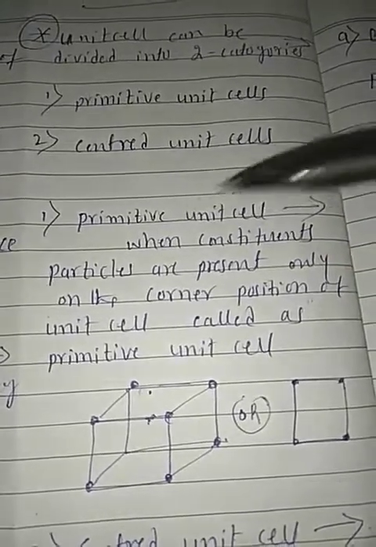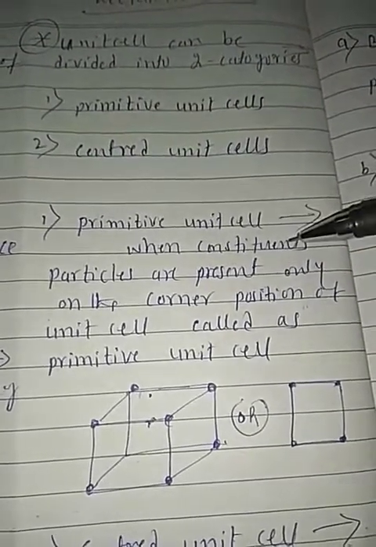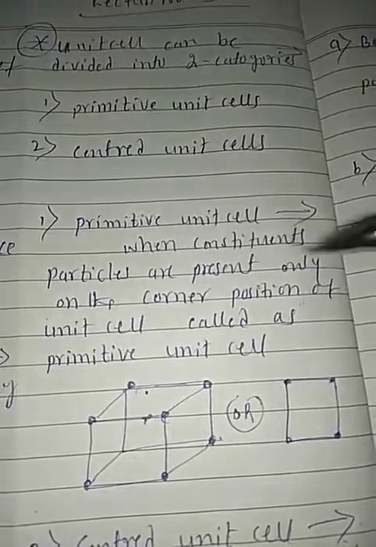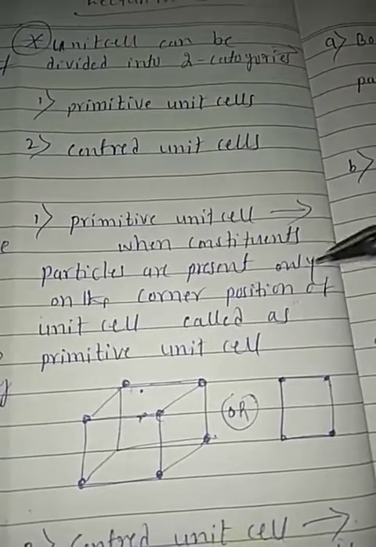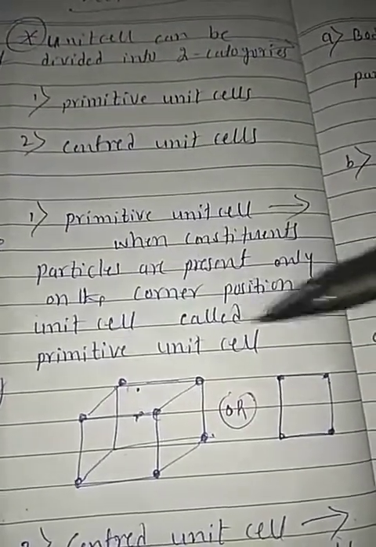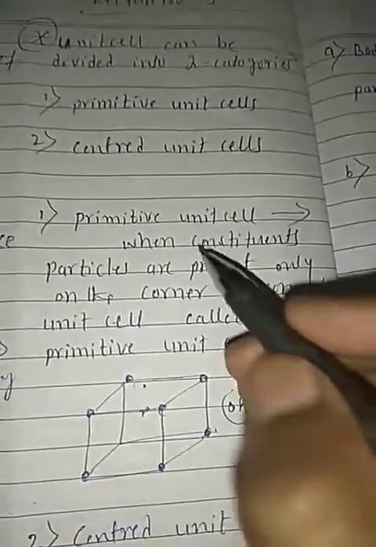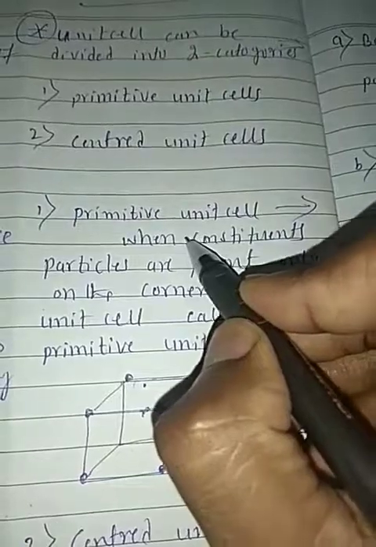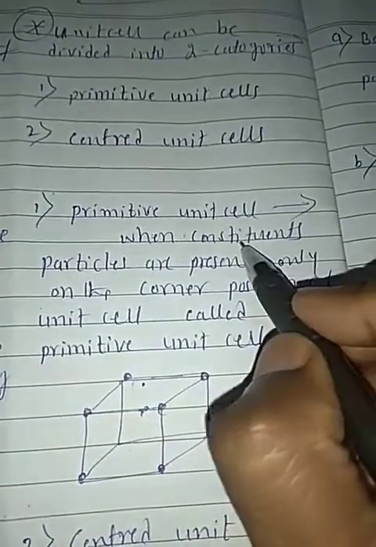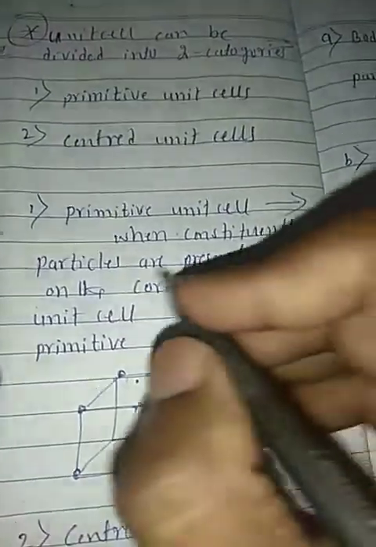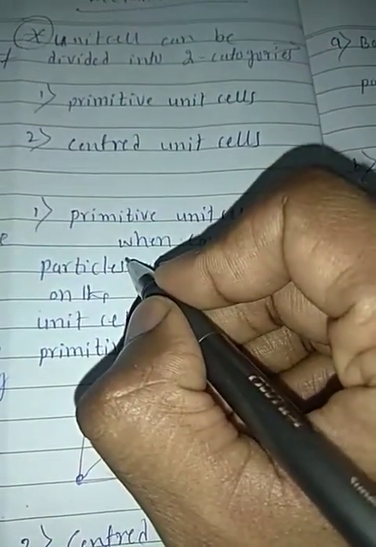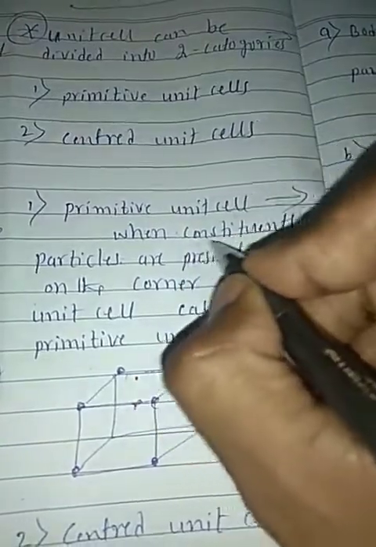A primitive unit cell is when constituent particles are present only at the corner positions of the unit cell. Constituent particles means the atoms, ions or molecules.